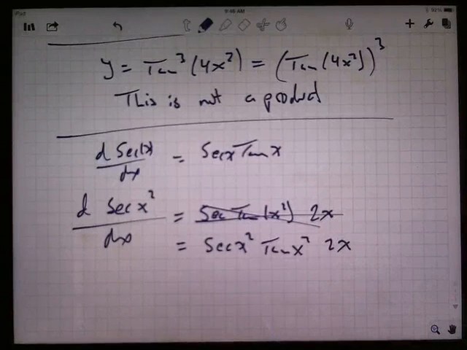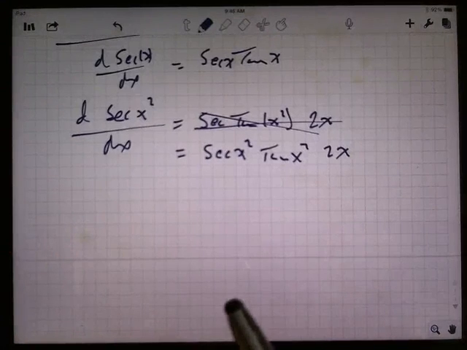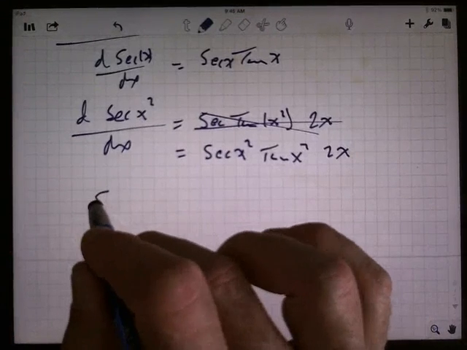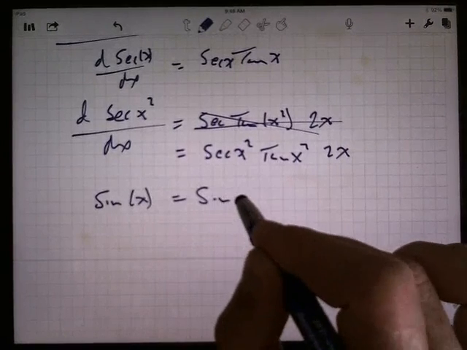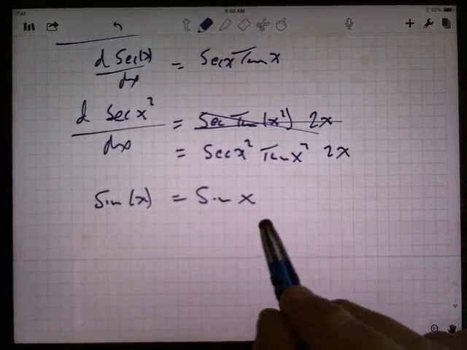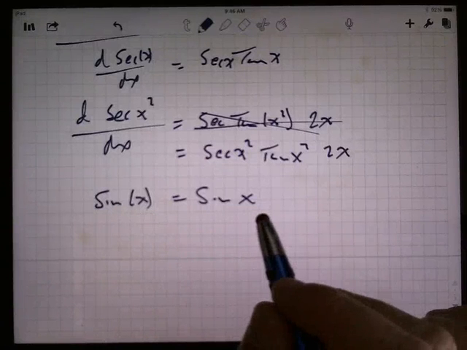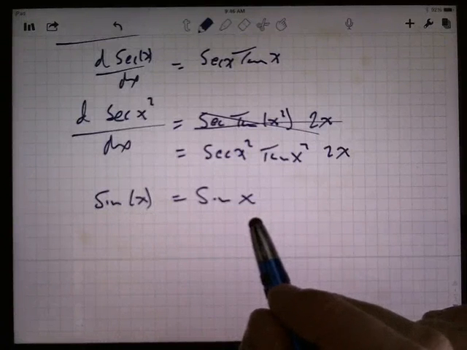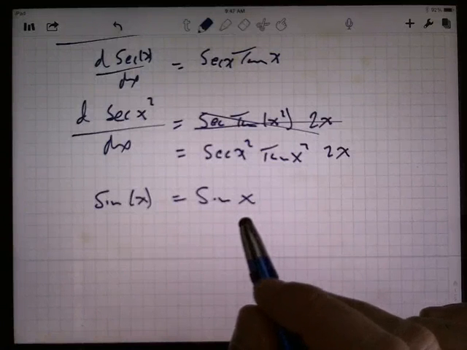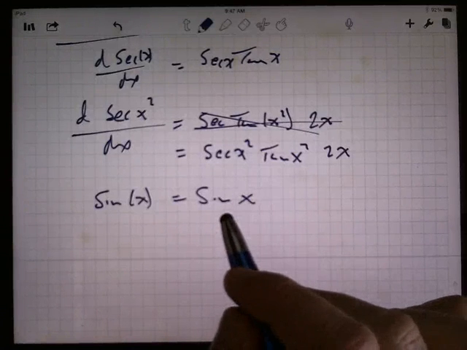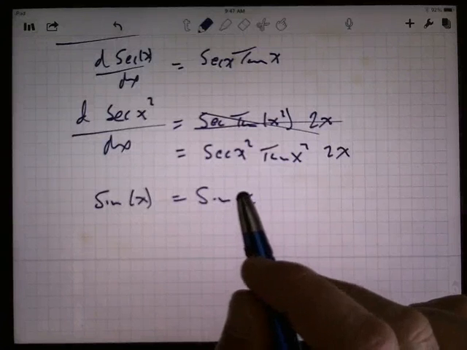Okay. And now doing this, here's another notational thing that looks kind of funny sometimes, because what's the difference between sine of x and sine x? Are they the same or are they different? I mean, I have parentheses here, I don't have parentheses there, right? They're the same. With trig functions, we quite often leave out the parentheses.